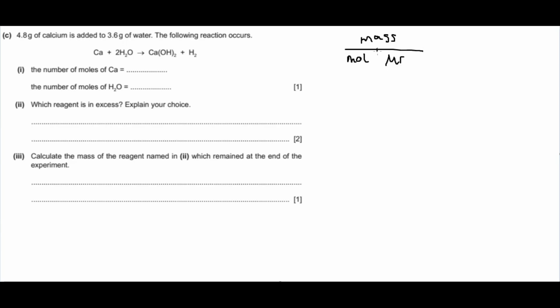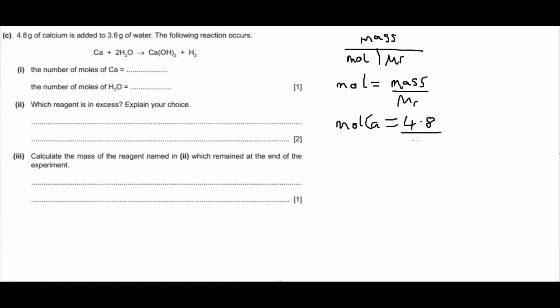Don't forget that. So I want the number of moles. So the number of moles is the mass divided by the relative molecular mass, or atomic mass in this case because it's calcium. So the number of moles of calcium is the mass of calcium, 4.8 grams, divided by the relative atomic mass of calcium.